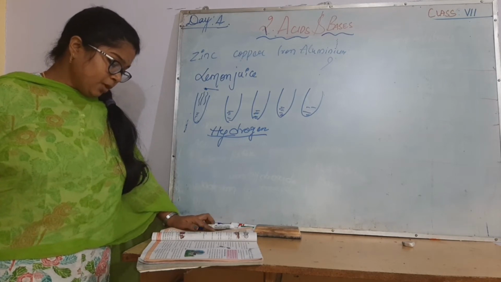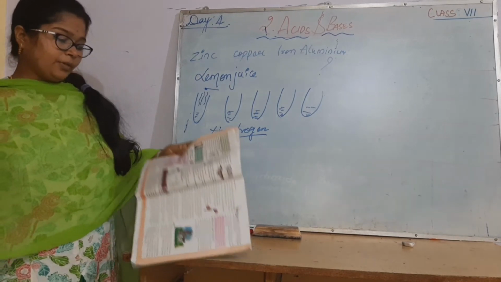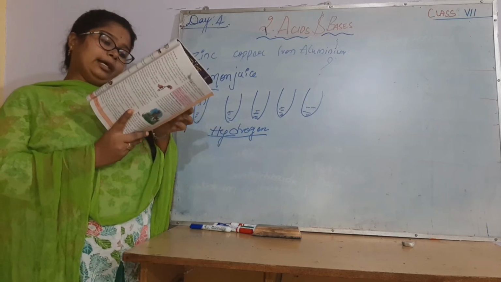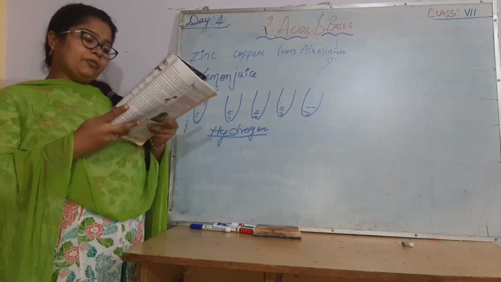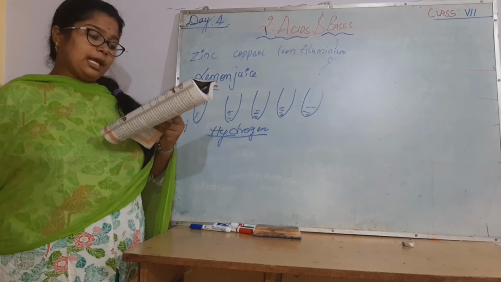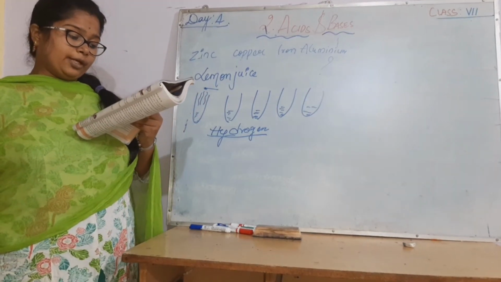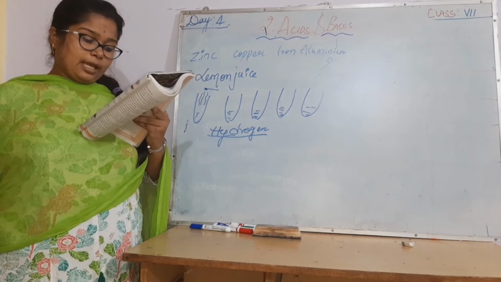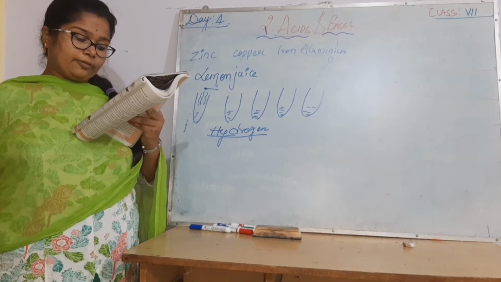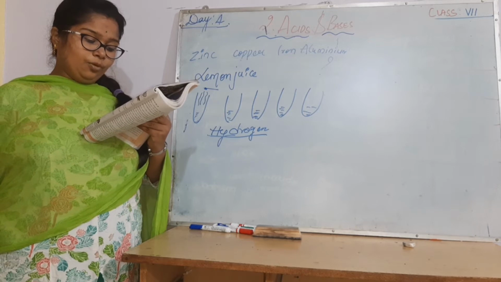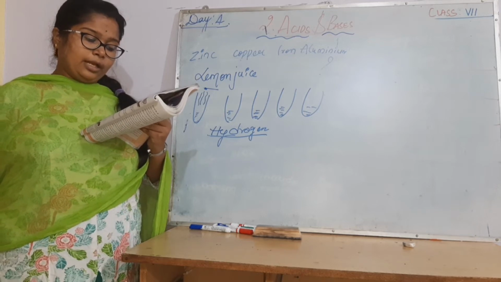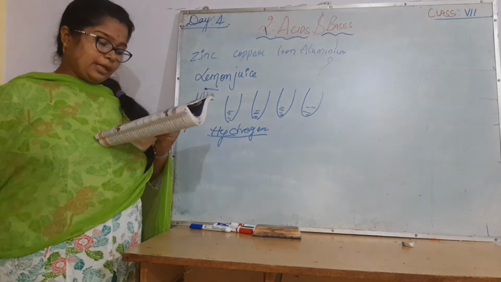Do you know why the inner sides of the vessels made of brass or copper are coated? When some substances are kept in a copper container for a long time, then a blue-green layer is formed on the inner walls of the container.